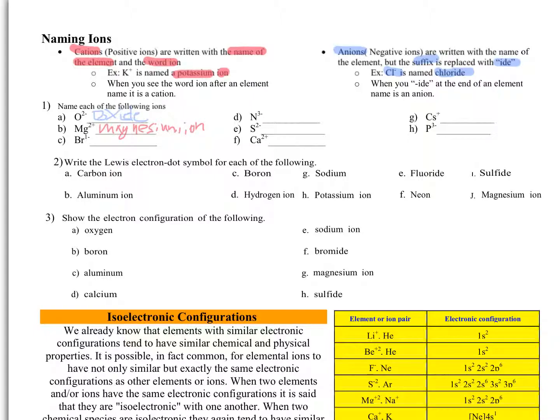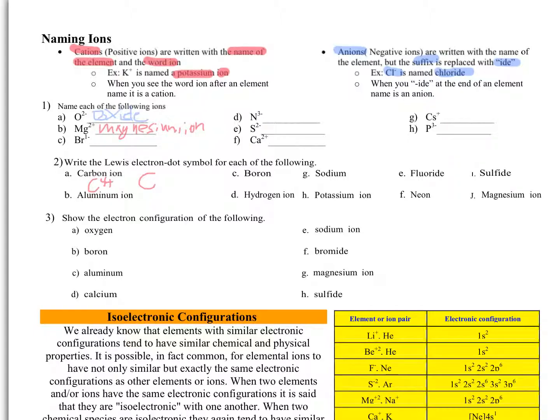Carbon ion comes from cation, so that means we're talking about carbon with a 4 plus charge. Carbon normally has 4 dots around it, but if it's 4 positive, that means it's lost 4 electrons. You don't put any dots around it. It doesn't have any valence electrons on that outer shell.